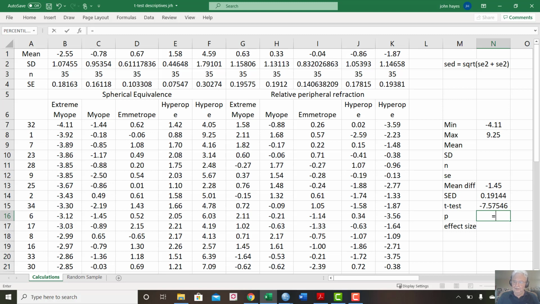So the p-value function is equal to T.TEST, the t-distribution, and we need an x, which is going to be the t. We need degrees of freedom, which are n1 plus n2 minus 2.